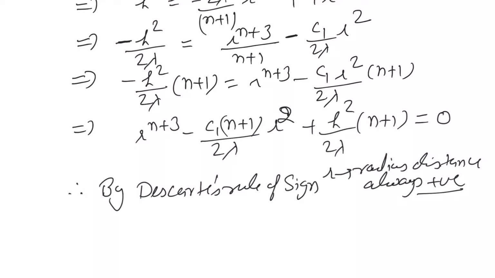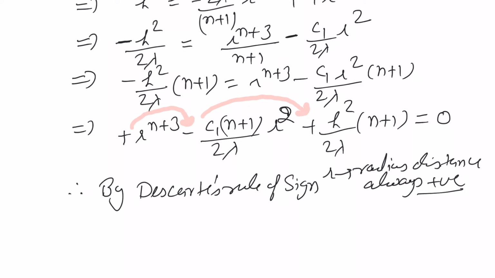And you see that the change of sign in this particular equation is two, because here it is positive, so one change is from positive to negative. This is the first change. Another change is from negative to positive.